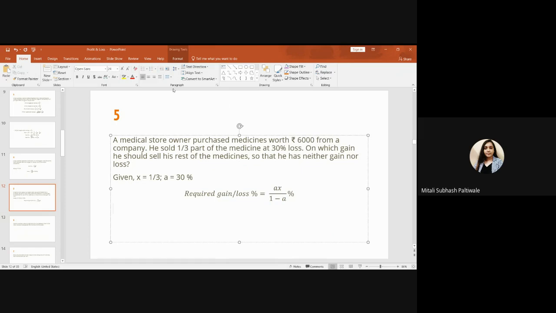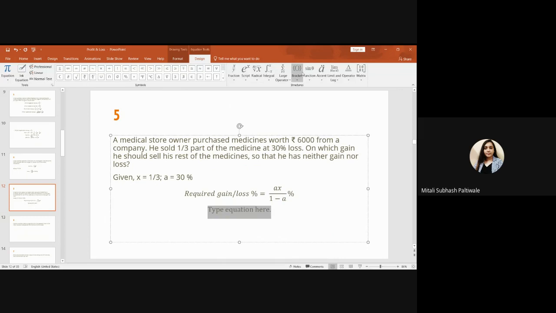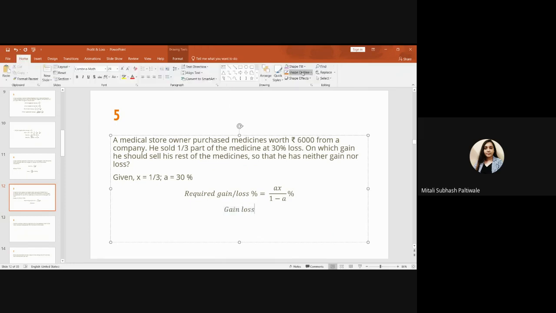Okay, so let's put everything in the formula. Now we are having A and X also. Gain or loss percent is equal to AX.